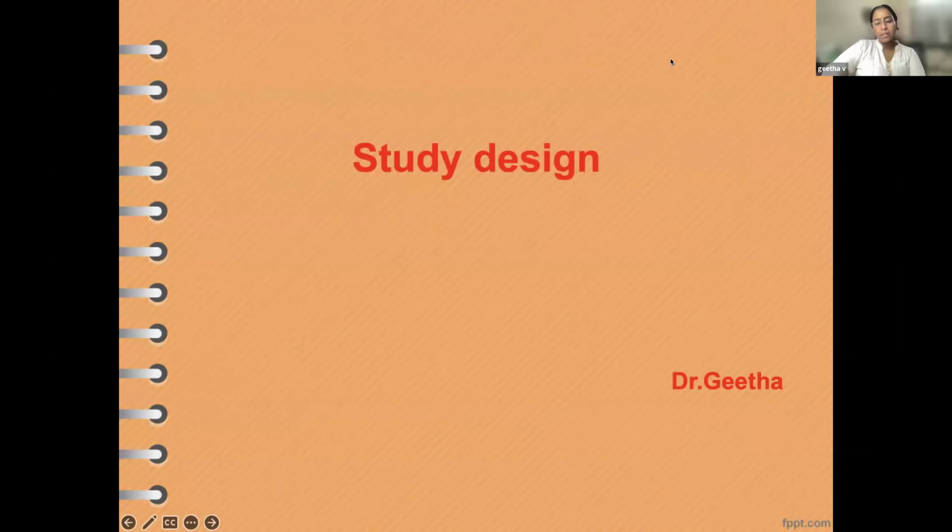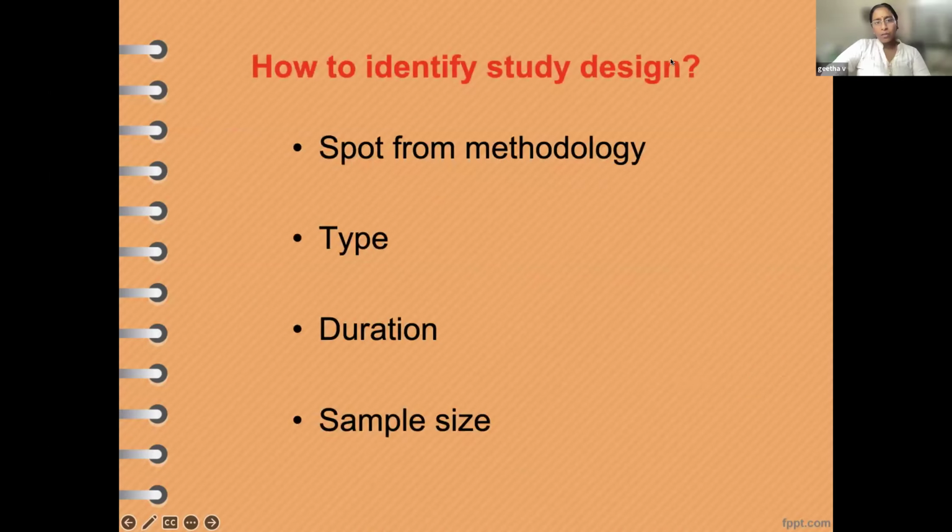So the points I would highlight here are how to identify the study design in a paper, what the types of study design are in general which we usually see in research, and whether this study design is okay for the study, or whether other study designs are better than the present design. So let me go ahead.